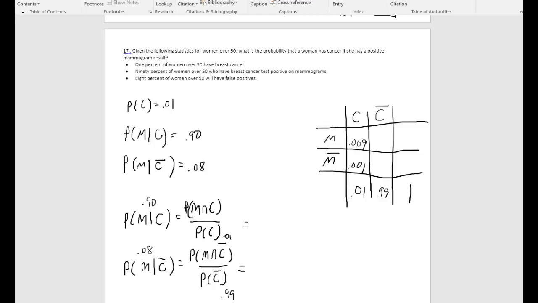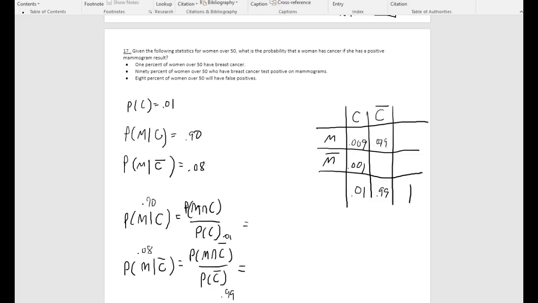I actually need to calculate that because I didn't do this right when I was originally calculating this. 0.99 times 0.08, and that is 0.079. We'll just say 0.079. Fair enough.